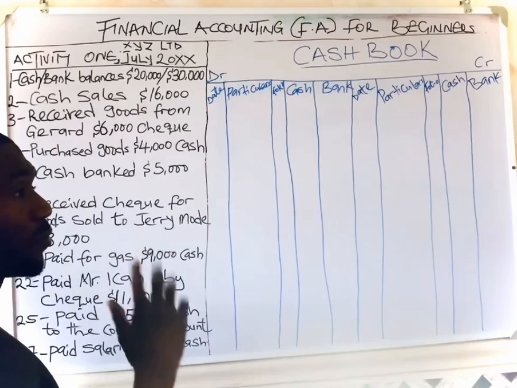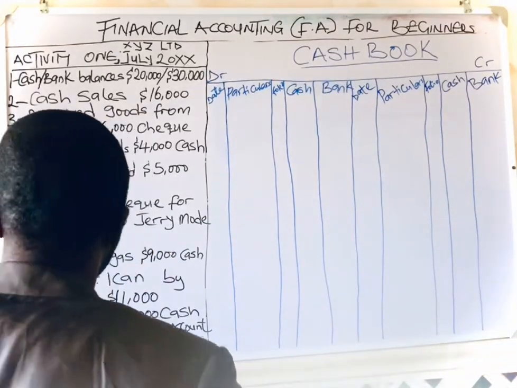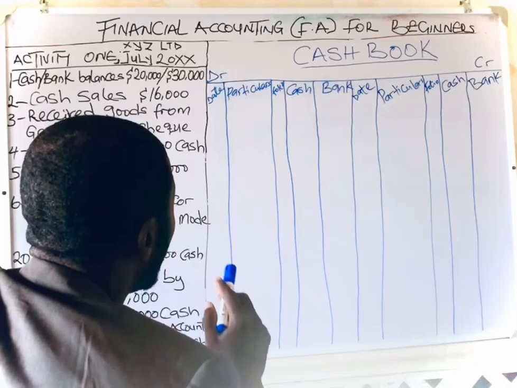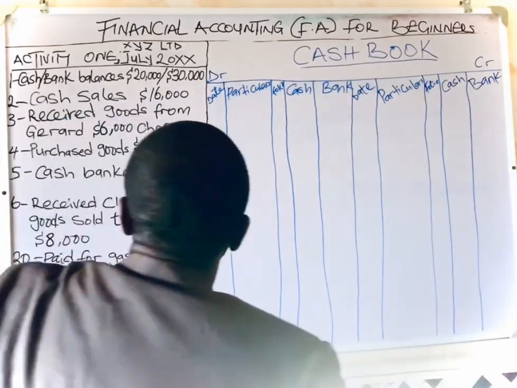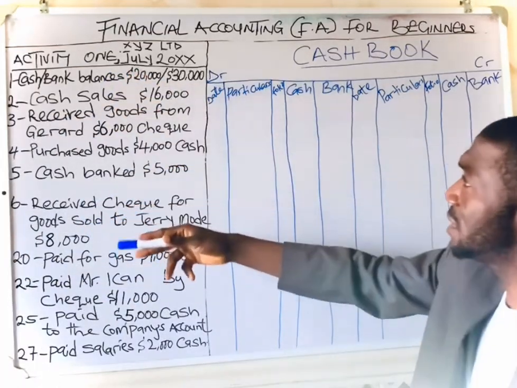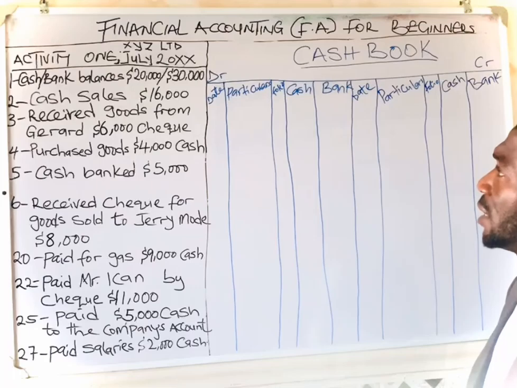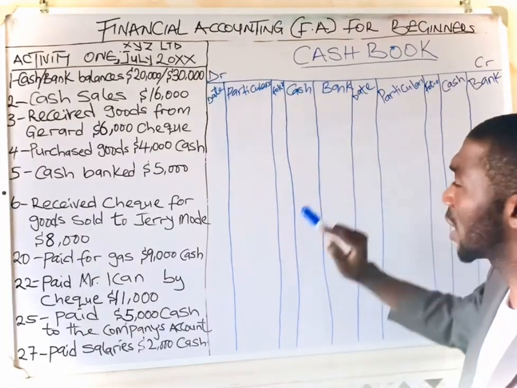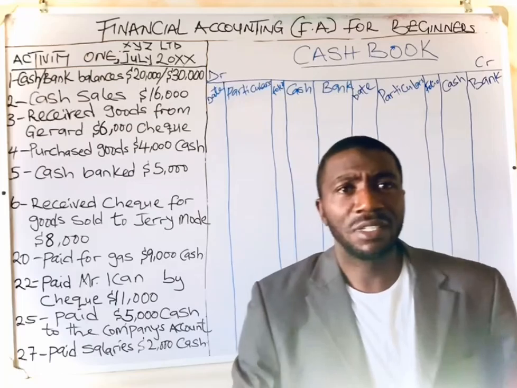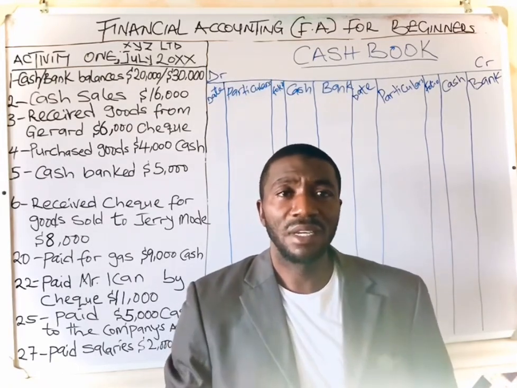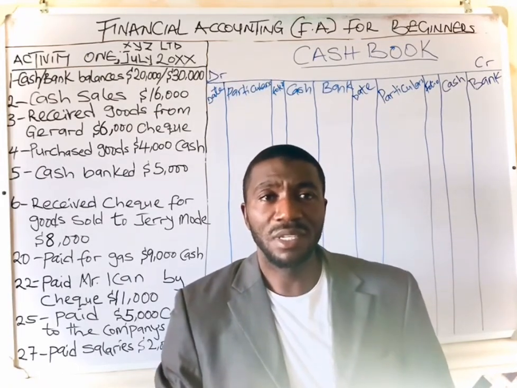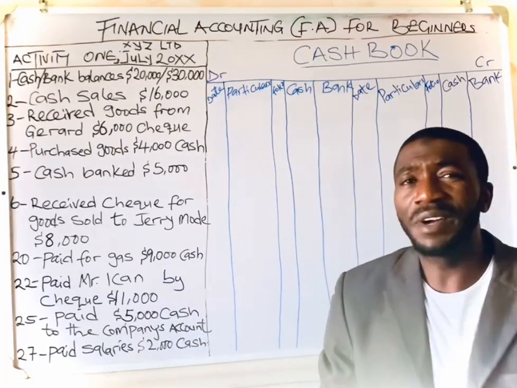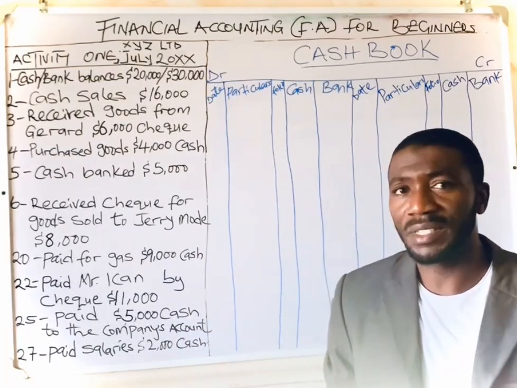So this is the format of cash book. As you can see on the board, this is the format of two-column cash book. So we have an activity here that is a question to solve using this two-column cash book. This cash book is our simplest accounting entry. The entries to cash book are very simple and easy to understand.